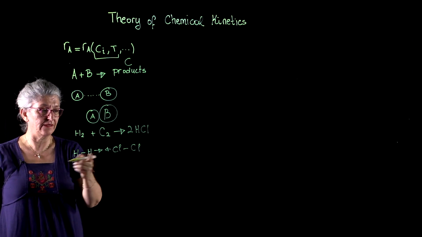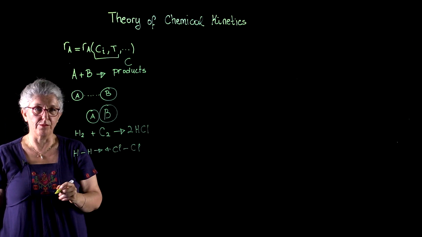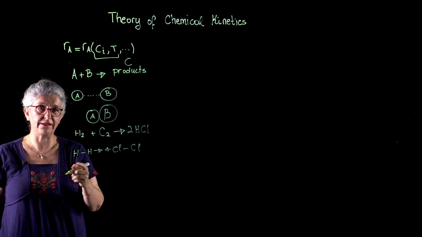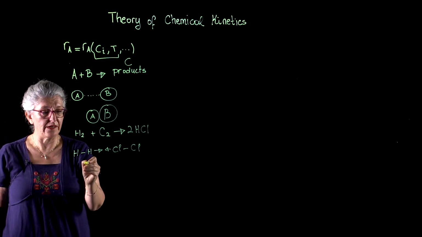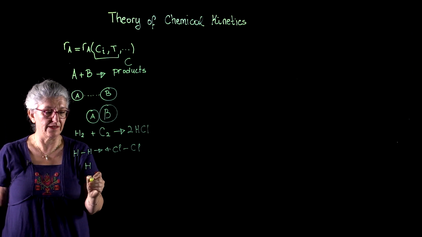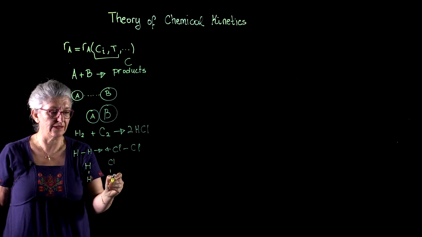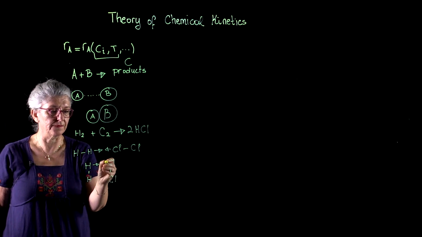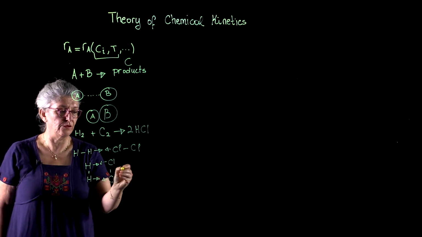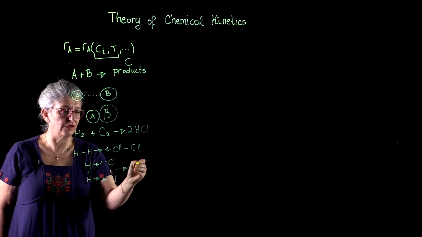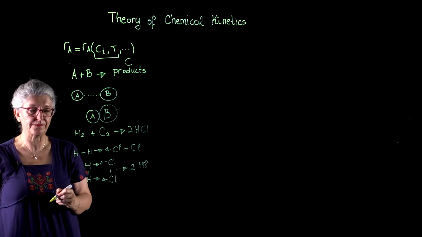If they collide head-on, probably we will have bond rupture and bond making, but then we will have free radical formation. This is possible. But it would be better if hydrogen and chlorine molecules would collide sideways to produce two hydrogen chlorides all at once.